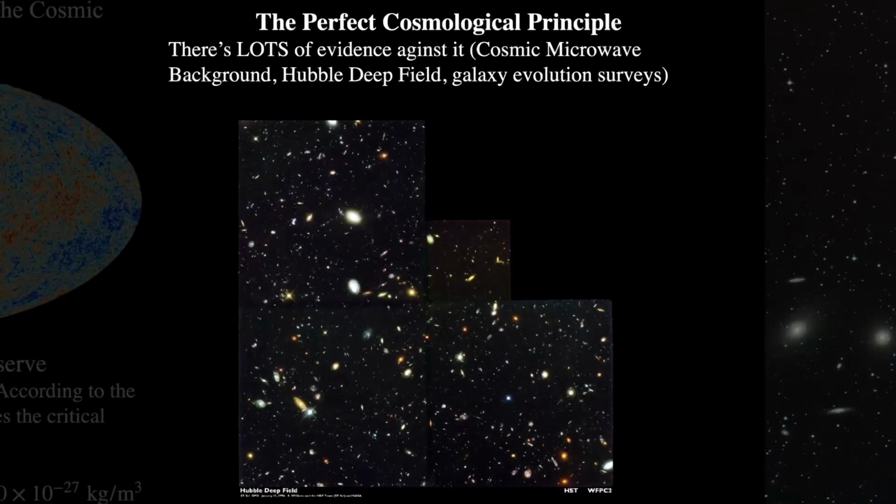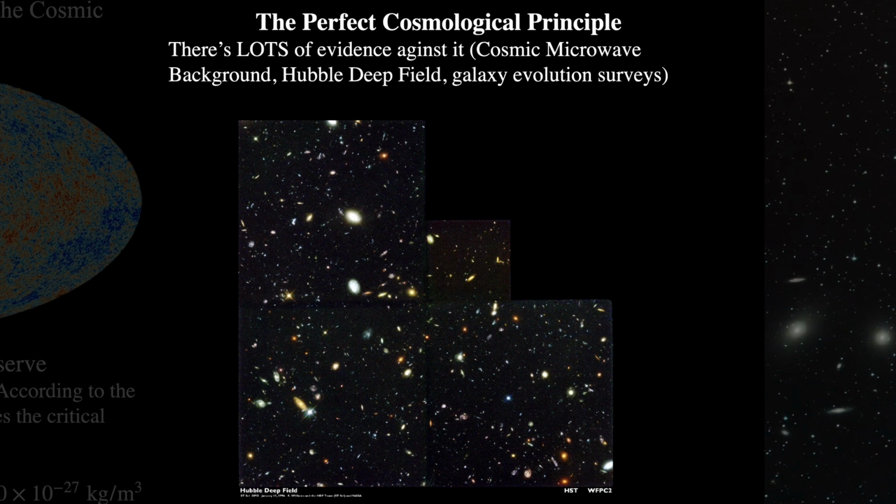Now, the cosmological principle says that everybody everywhere sees everything the same. But there's also the perfect cosmological principle, that everybody everywhere everywhen sees the same thing. So we take the Copernican idea that not only are we not in a special place, but we're not in a special time.